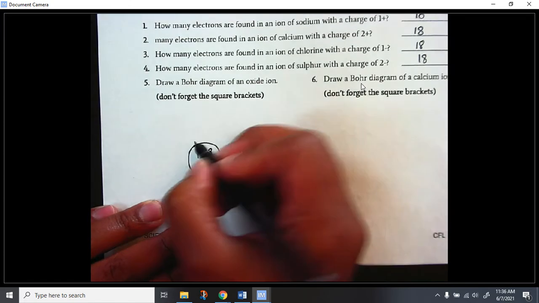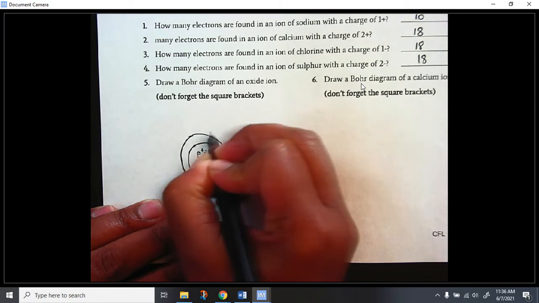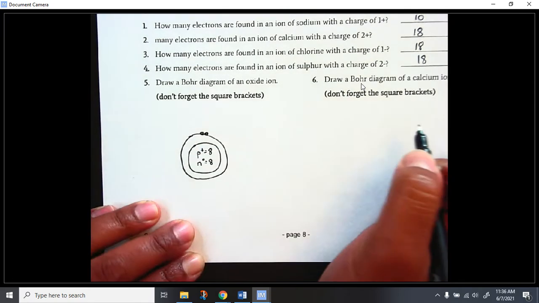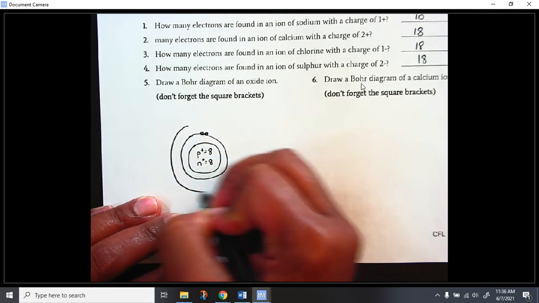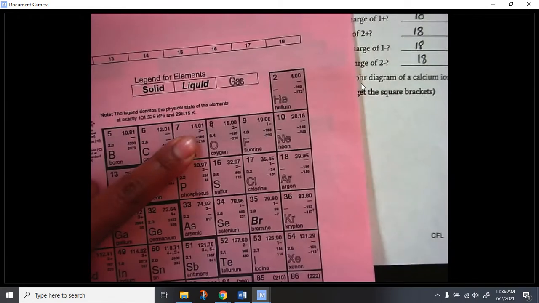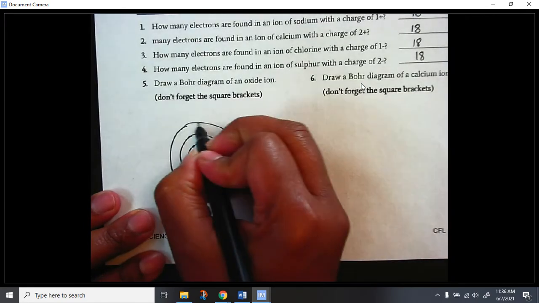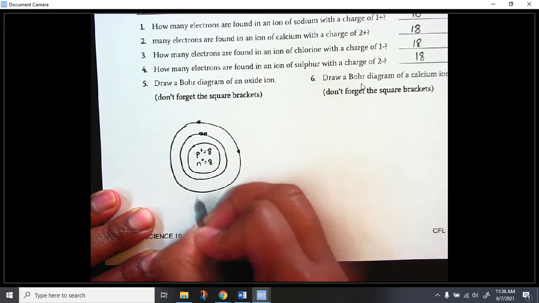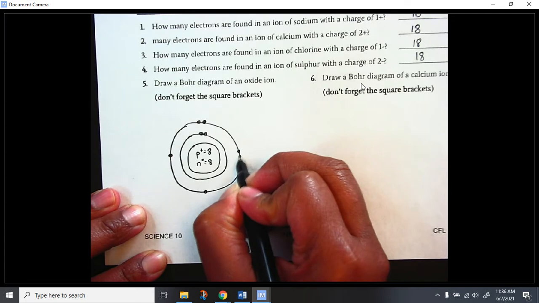Okay, so next, I'm going to take my first energy level, and I'm going to put 2. Okay, and then now I'm going to grab my next energy level. And if it was an atom of oxygen, I'm trying to get to 8, so I'd have 6. 1, 2, 3, 4, 5, 6.